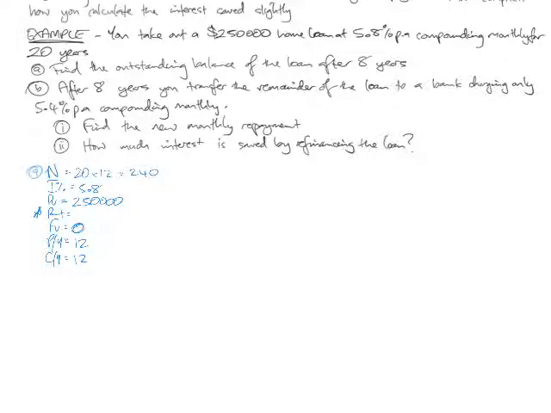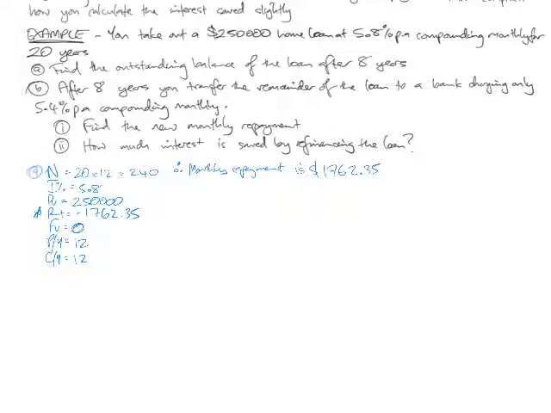So we can solve now for what the basic repayments are, and they're going to be negative $1,762.35. Therefore, the monthly repayment is $1,762.35. That hasn't answered question A, but we need that information to answer question A.